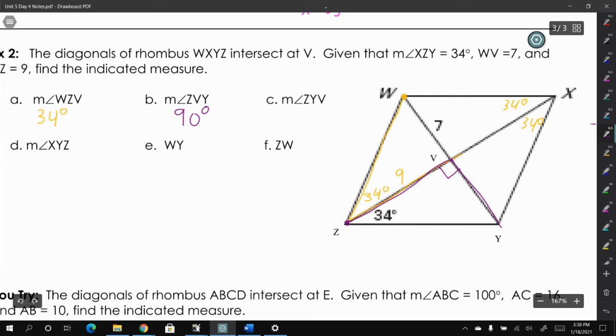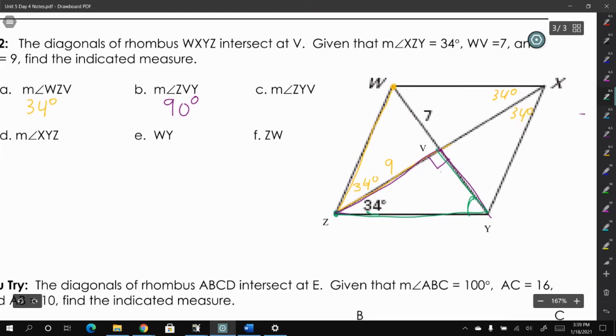The measure of angle ZYV. So this angle right here. Well, again, we have two angles. We have the 34 degree angle and the 90 degree angle. So we could set up an equation to solve that.